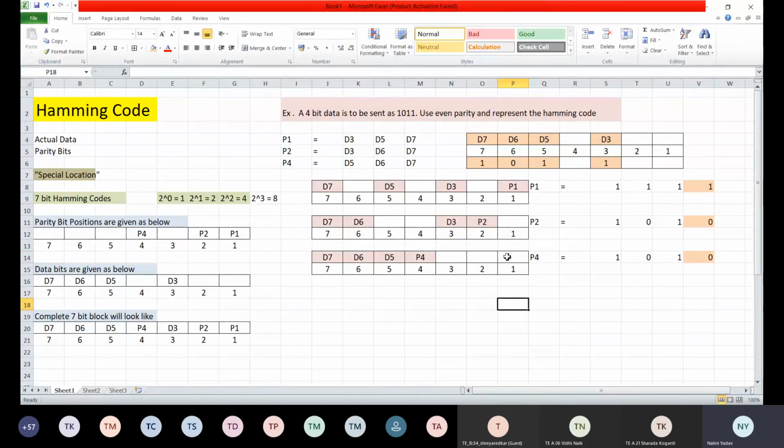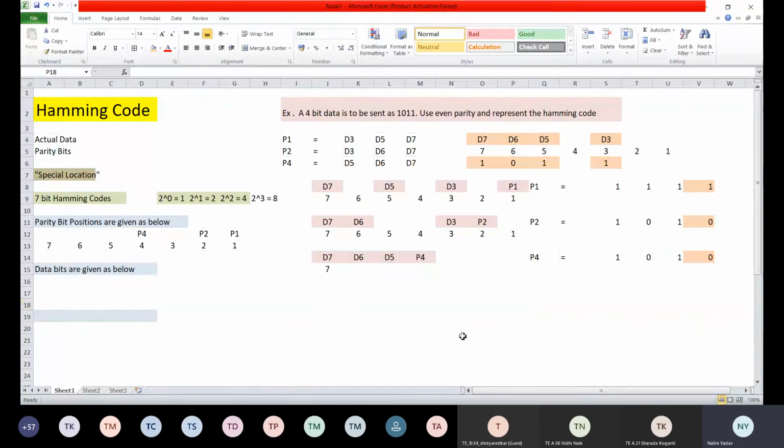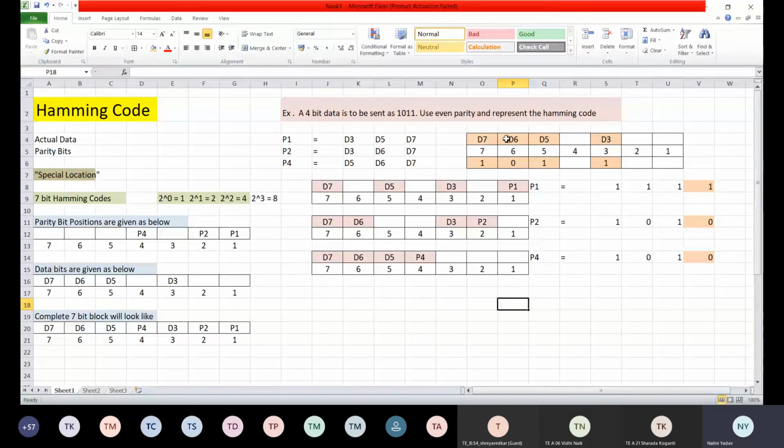Understood all of you? So how are my parity bits? P1 is 1, P2 is 0 and P4 is again 0. These are my parity bits, correct? So my final data will be represented as follows. I will just copy paste over here.